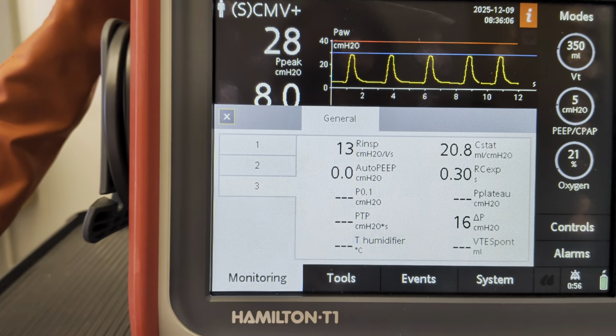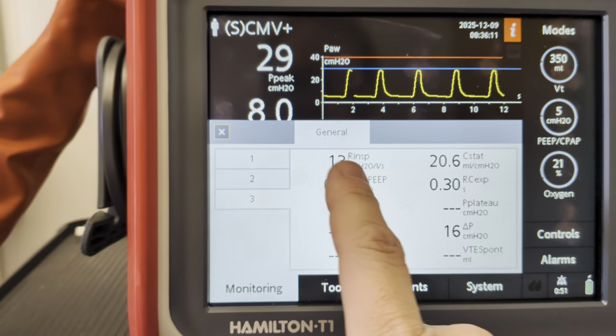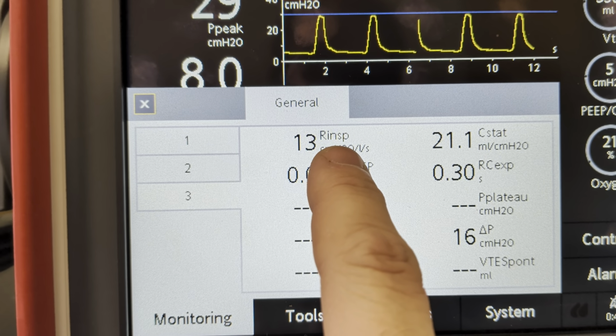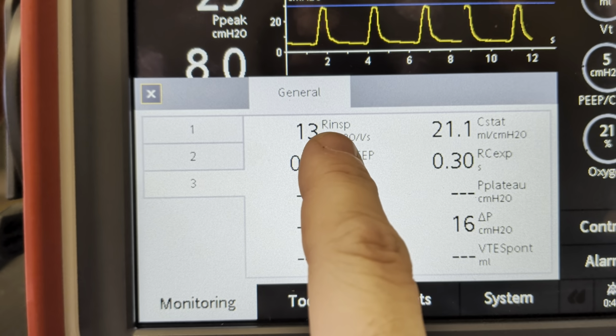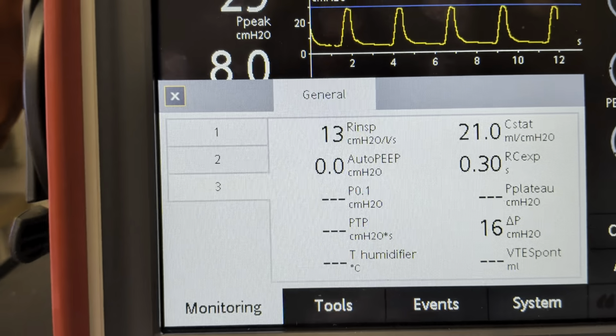But if I go down here into my third option under monitoring, you're going to see this up here on the upper left, the capital R insp. This is actually the airway resistance. This is the inspiratory resistance.